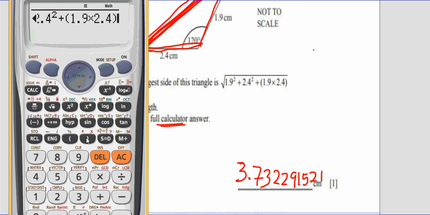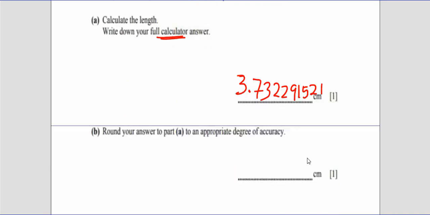Do you remember the other brackets which we opened initially? So you have to close it. So you have something like this. When you hit equals, do you notice that we are getting the same answer? 3.732291521. So if you don't put the brackets, you get wrong answers.